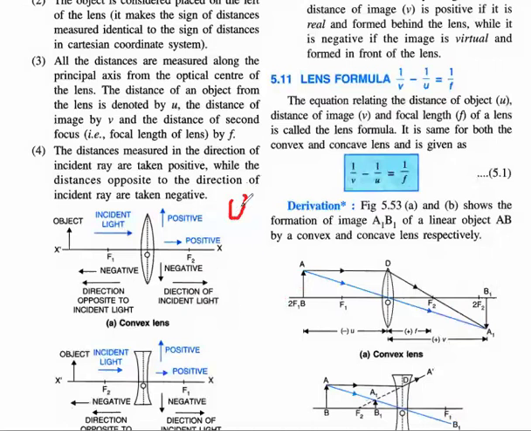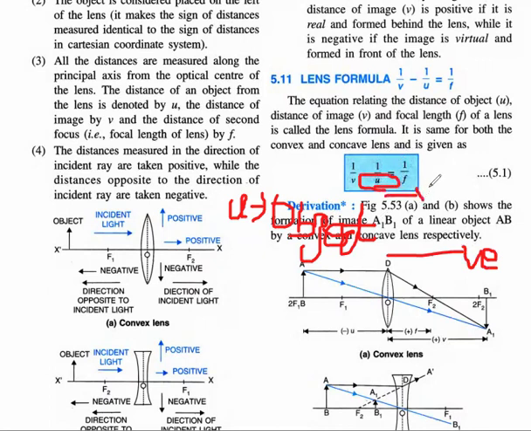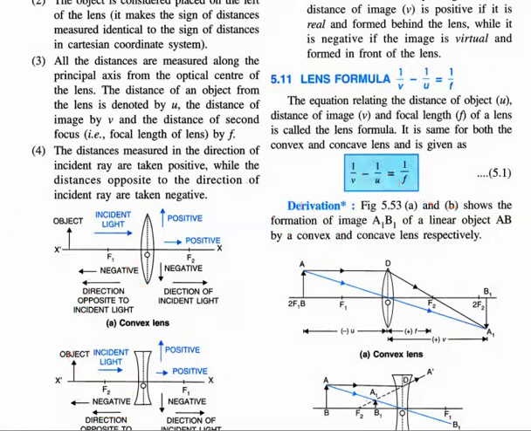Therefore, the object is always negative, because it is behind the lens, and anything behind the lens is always negative. Always remember this, or else you'll mess up with the formula. I actually messed up a lot of times.